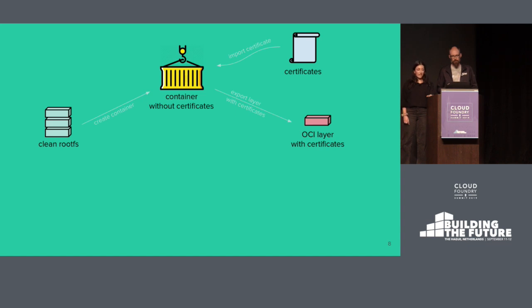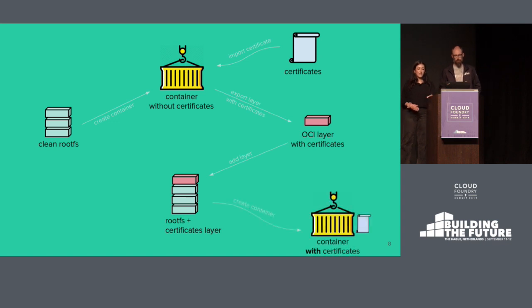With this OCI layer, we can add it back on top of our original root file system. So now any subsequent containers that get spun up off of that root file system will contain the certificates. If the user decides, I don't want certificates anymore, or I want to switch them out, it's as simple as just removing that top layer and going back to our clean root file system.